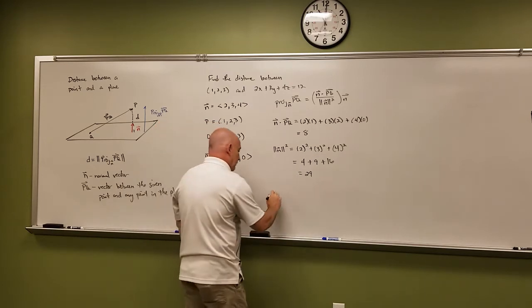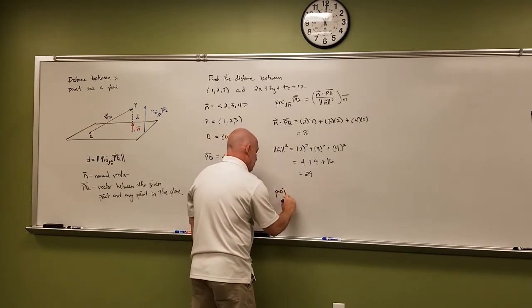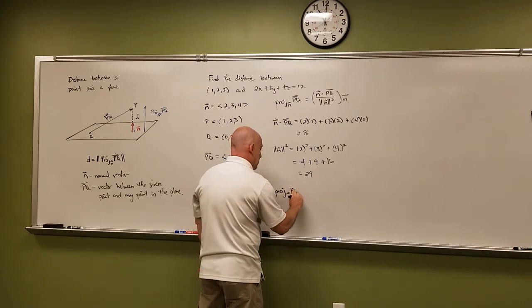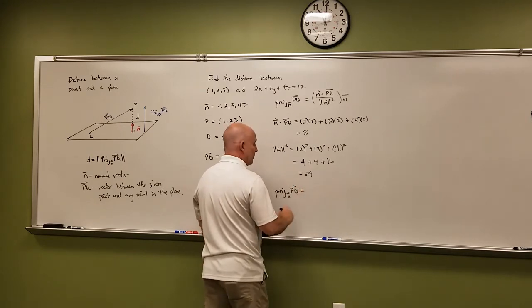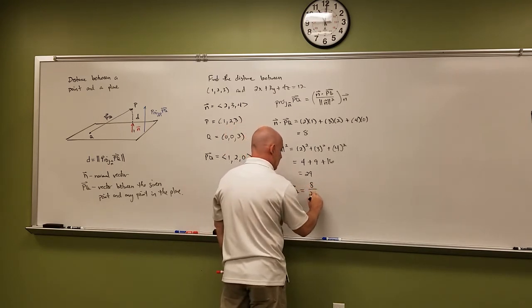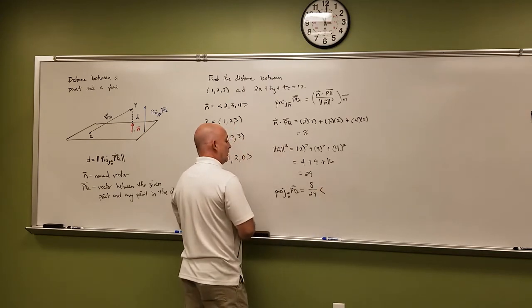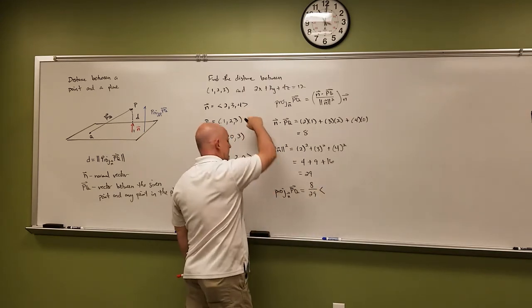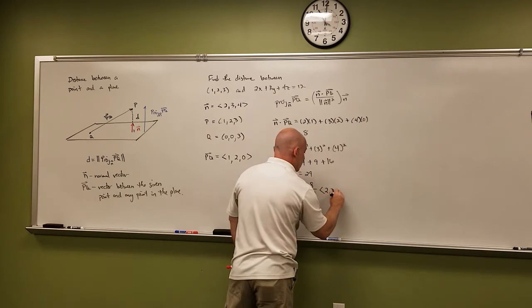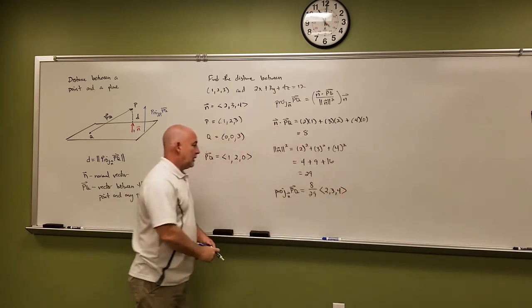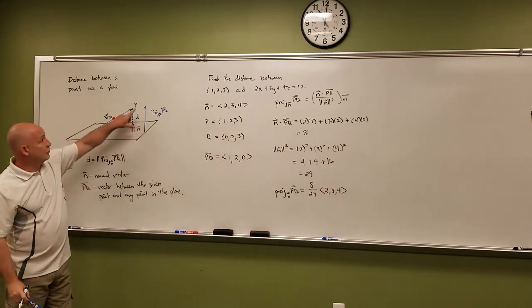So putting this in here, we get the projection of PQ onto N is going to be the dot product over the magnitude squared times our normal vector. Now our normal vector here is 2, 3, 4. Now that gave us our projection. So that gave us the blue vector over here.